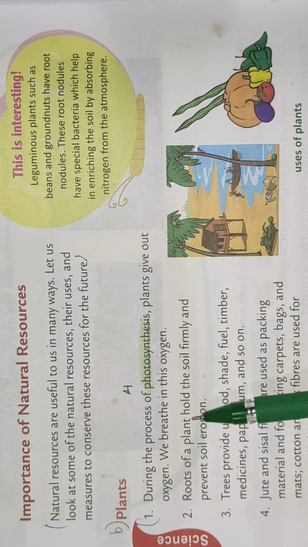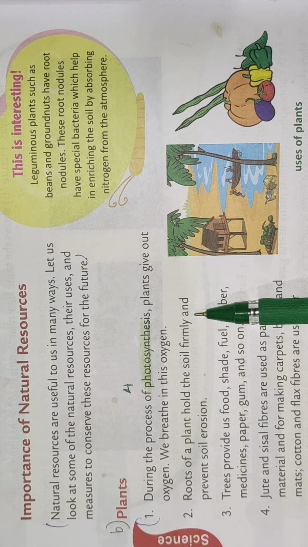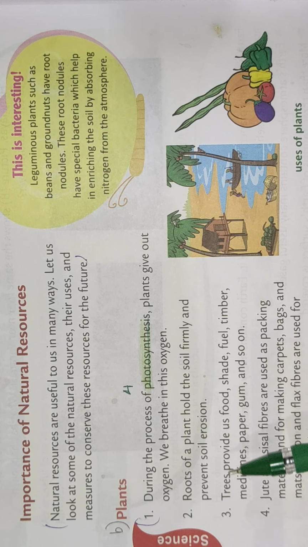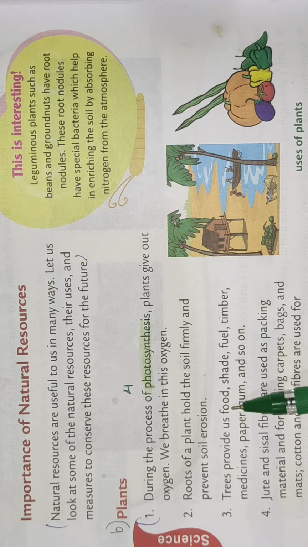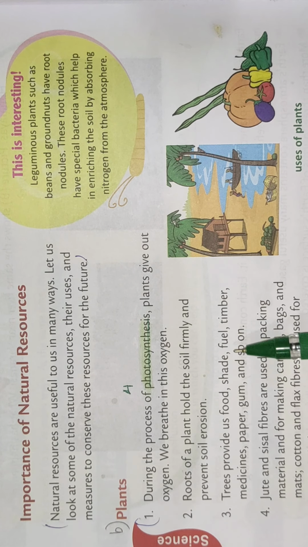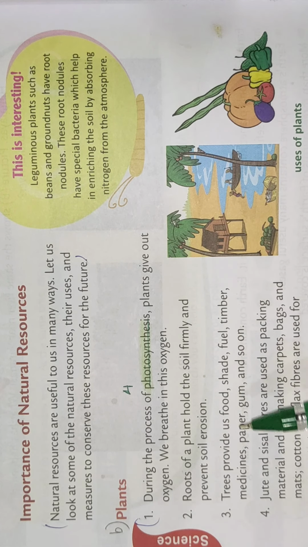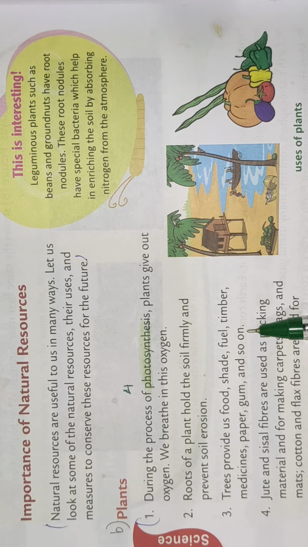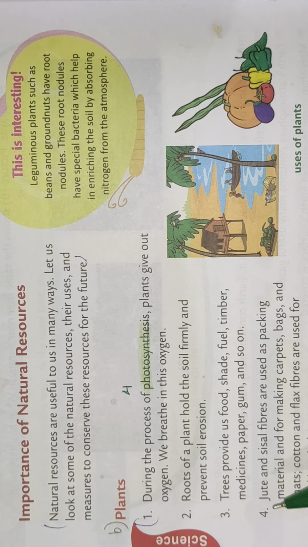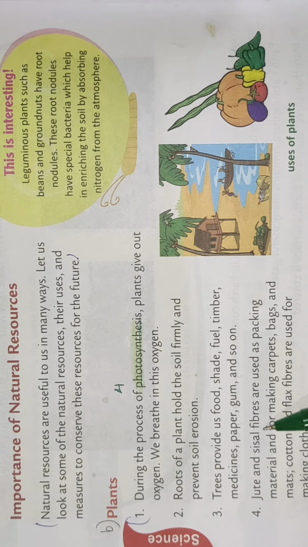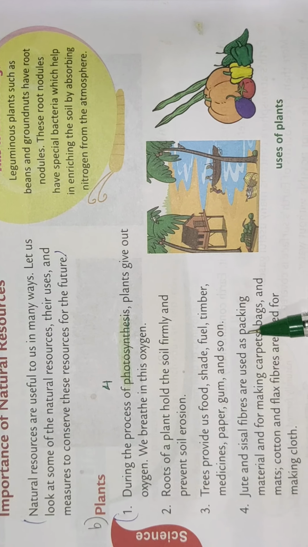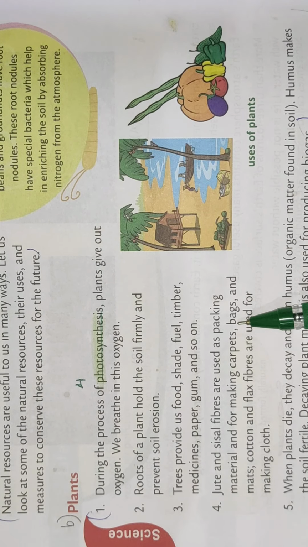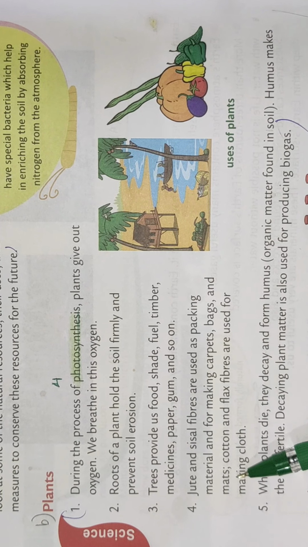Roots of a plant hold the soil firmly and prevent soil erosion. Trees provide us food, shade, fuel, timber, medicines, paper, gum, and so on. Jute and sisal fibers are used as packing materials and for making carpets, bags and mats.